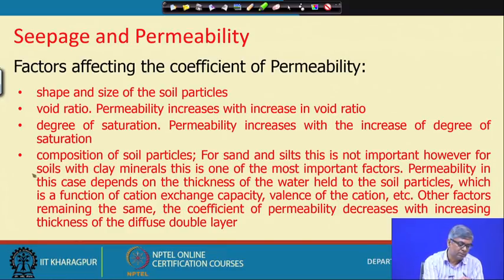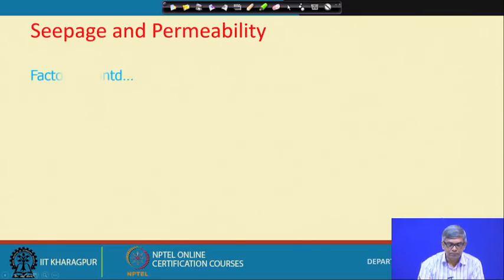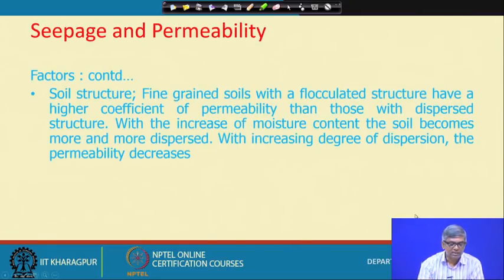These are some theories, we will not be able to give much detail, but the only thing you can remember as a point is that composition is also very important, particularly for fine soil.